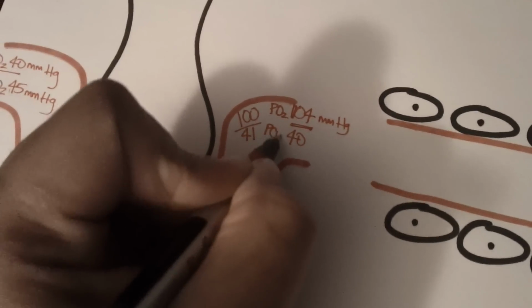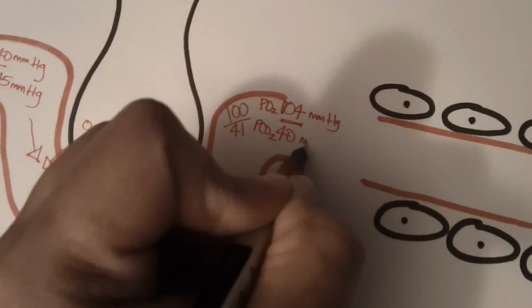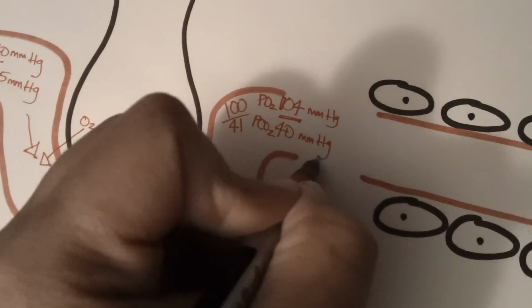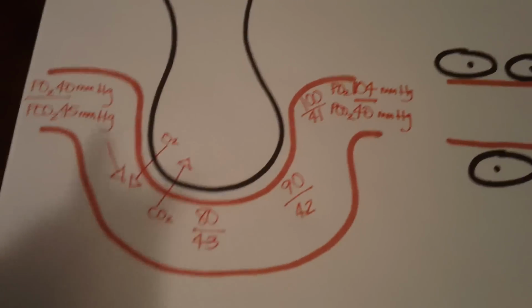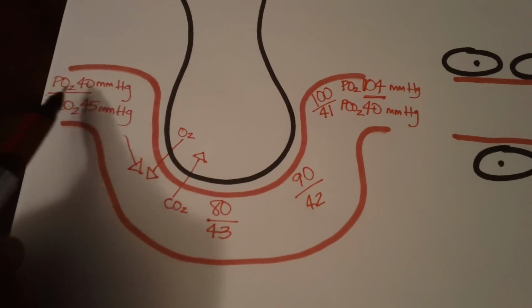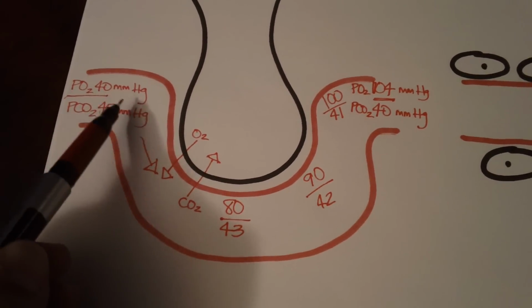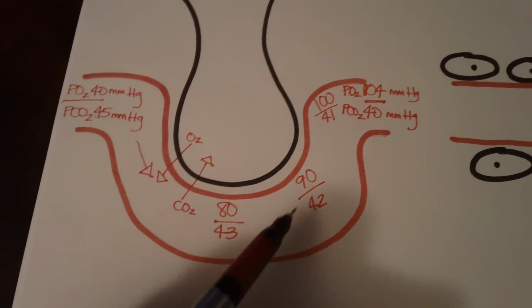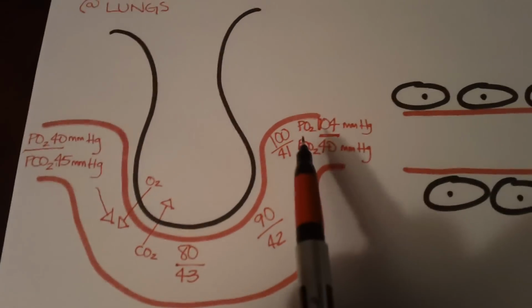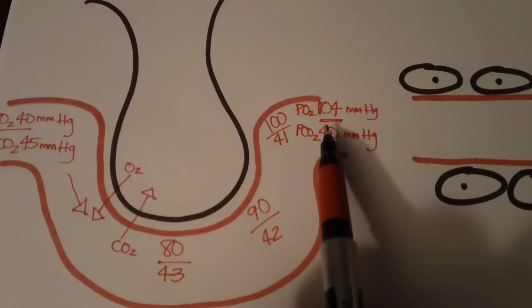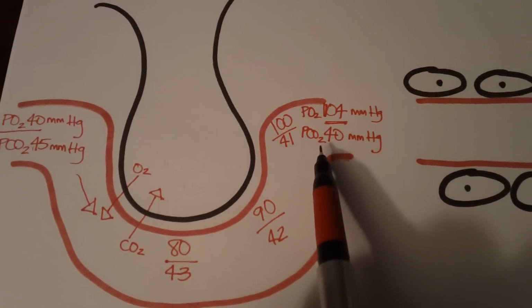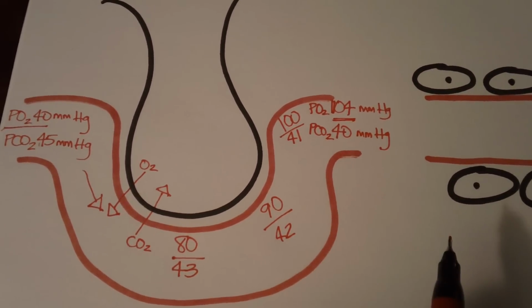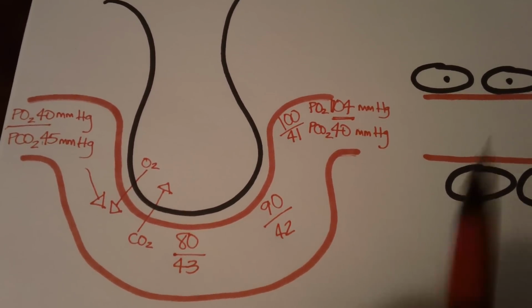And that is partial pressure of carbon dioxide, 40 millimeters of mercury. So does that make sense? We come into the lungs as used blood, we go through the lungs and pick up oxygen and offload the waste, so we come out with a higher partial pressure of oxygen and a lower partial pressure of carbon dioxide, which is what our numbers reflect.